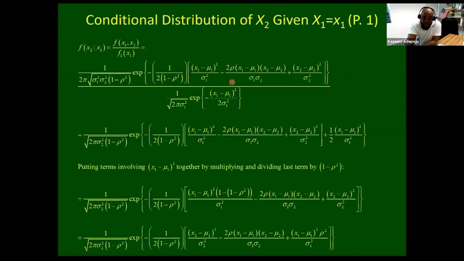Now, all I'm going to do is simplify this. Combining this with this will give you this, if you do your algebra very well. And the exponential raised to power negative is going to go up and match with this exponential, and it's going to become a plus.